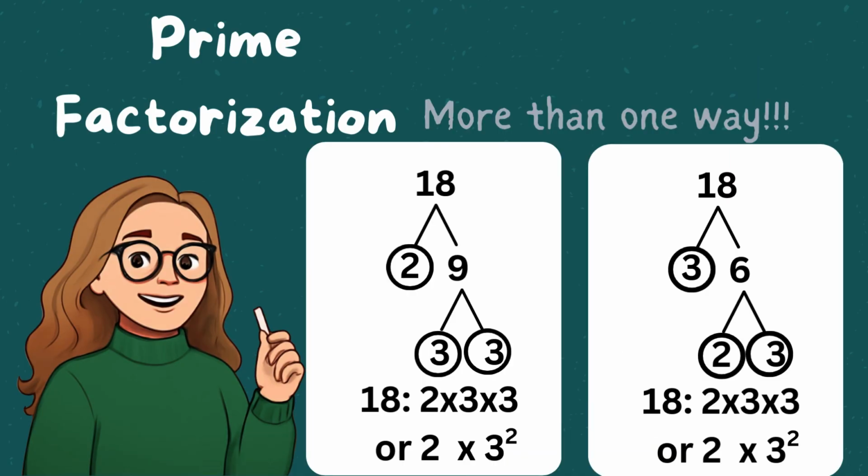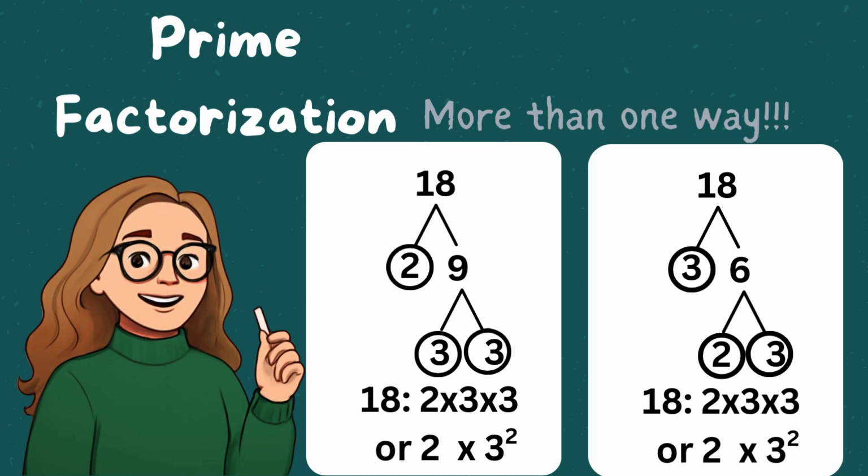Before we move on to another number, I told you there's more than one way to do it. So when I asked you what two numbers multiply to give you 18, you may have said 3 and 6, and that's okay. Because if we do the factor tree using 3 and 6, we come up with the same prime factorization.